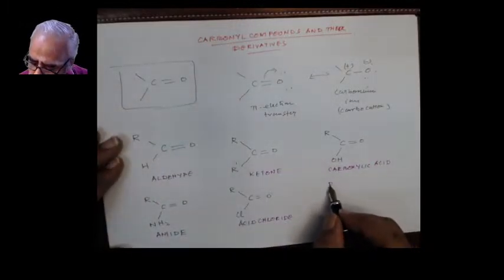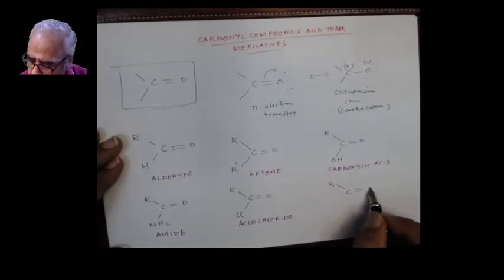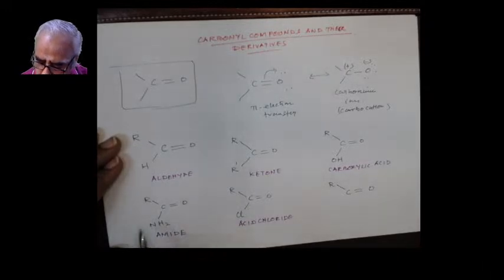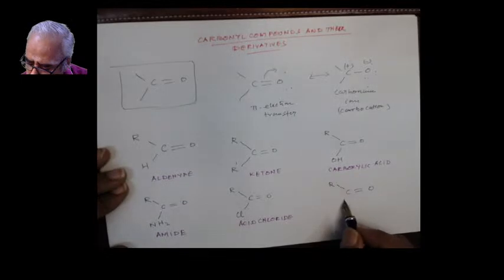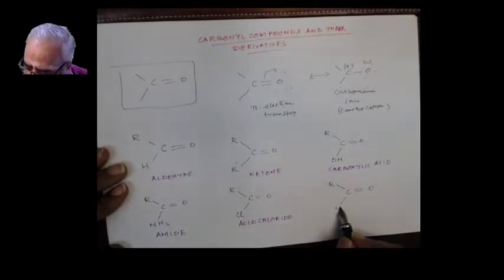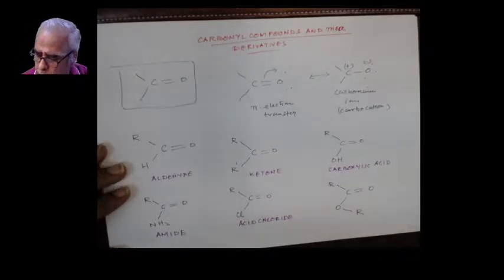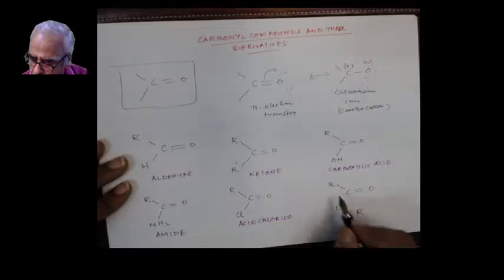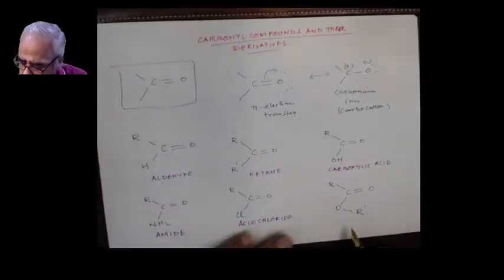When you have R here and C double bond O, so far we have been replacing the entire OH. Sometimes only hydrogen can be replaced. So in this case RCOOR, either the same or different R. This is called ester.